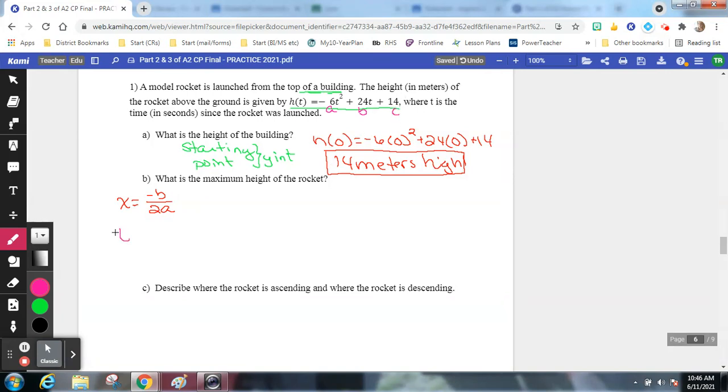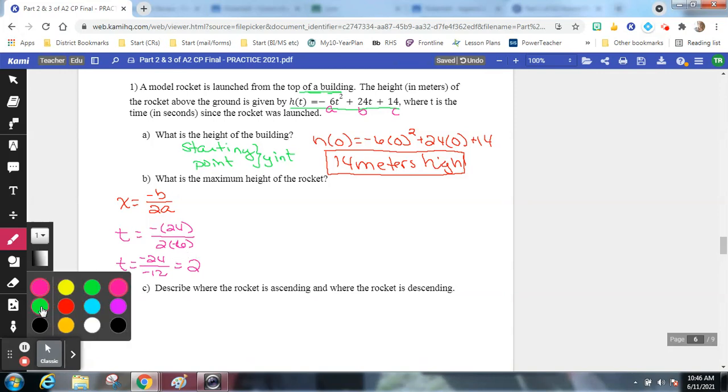I'm going to change this to t's just because that's the variable we have here. So negative 24 over 2 times a negative 6. T comes out to negative 24 over negative 12, which is 2. Once you have that, you're going to plug it back into the equation, and you're going to find what your height is.